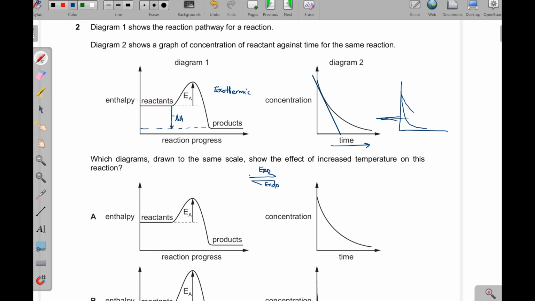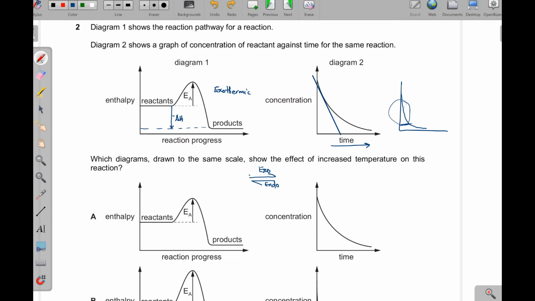This is the original one, but this is the new one. It has to bend to the right because what are we seeing here? That in just a short time, the concentration of reactant decreases. You get it? Since this one is an equilibrium reaction, it decreases very fast.